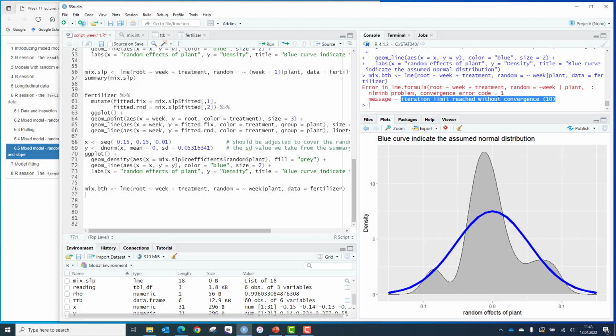And this is actually the case here, because there are not enough observations to both fit the slope of time, the treatments for the groups, and also a random effect of slope and a random effect of intercept. All this requires so much information that we don't have that much information in that data set. So it's really not possible to do it.